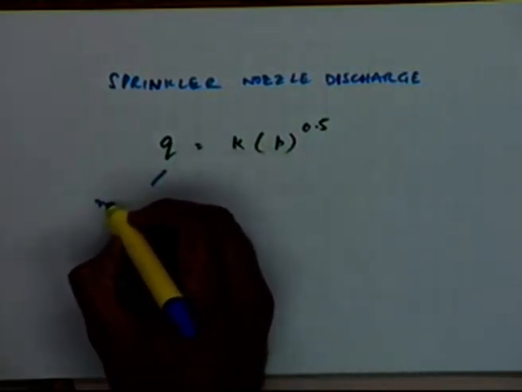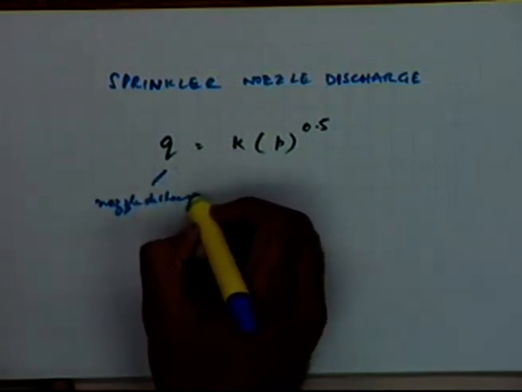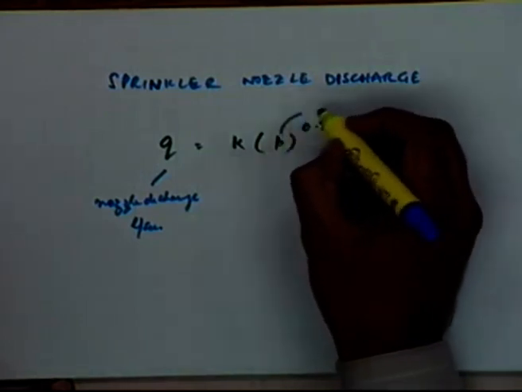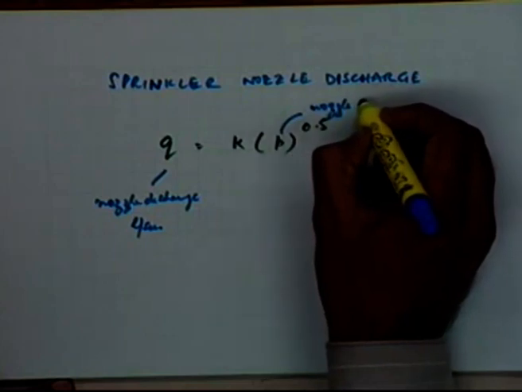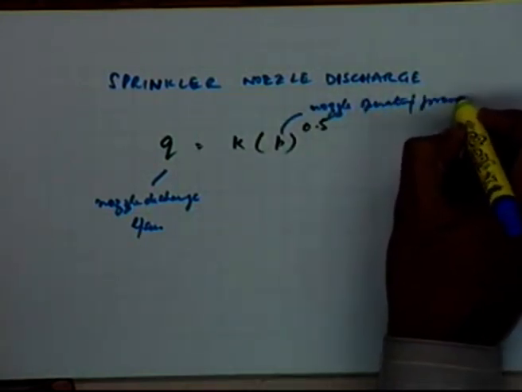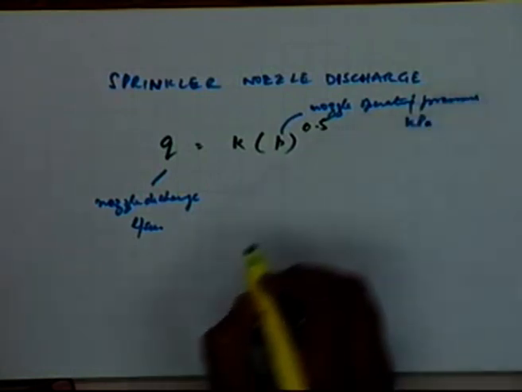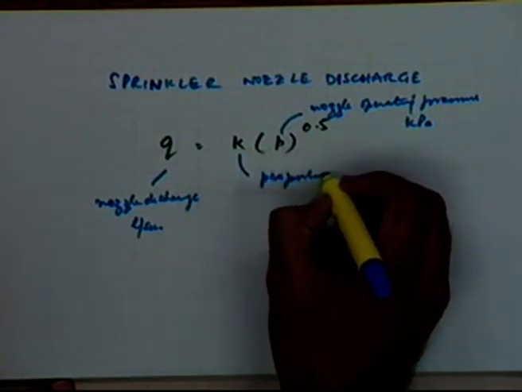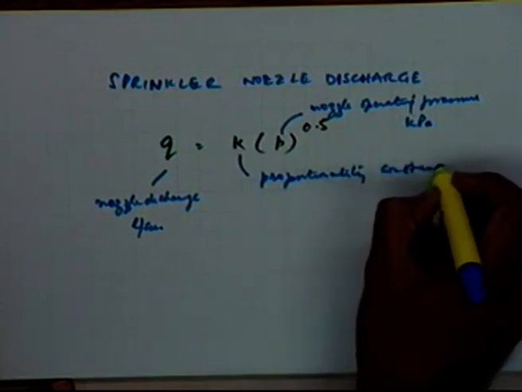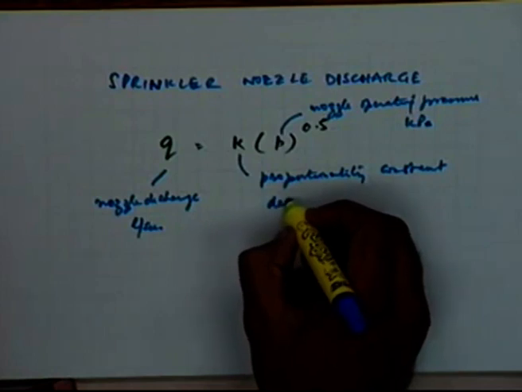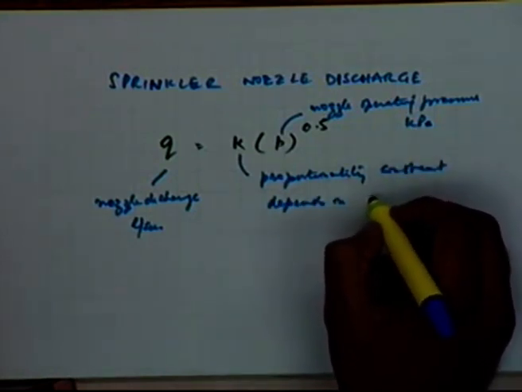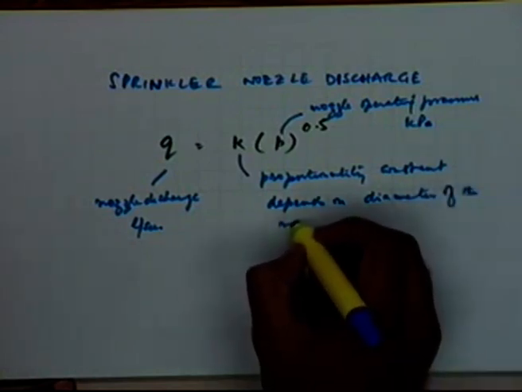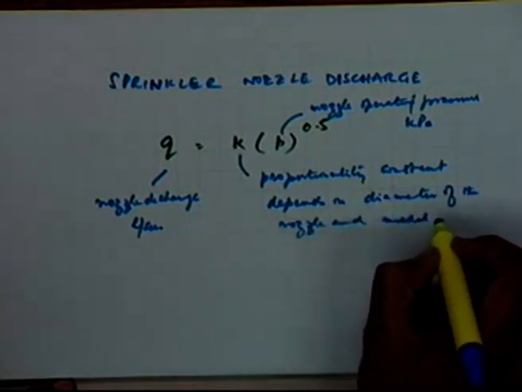where Q is the nozzle discharge in liters per second, and P is the nozzle operating pressure in kilopascal, and K is the proportionality constant which depends on the diameter of the nozzle and the model of the nozzle.